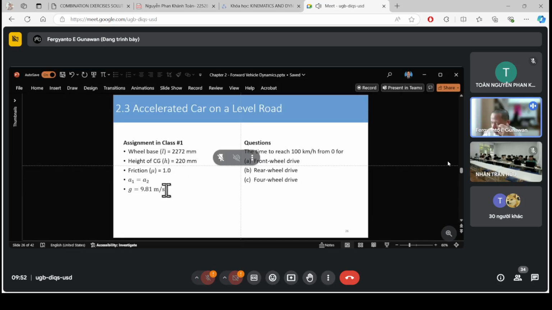To solve this problem, you must compute the maximum accelerations for each case. From the maximum acceleration, you can then compute the time.